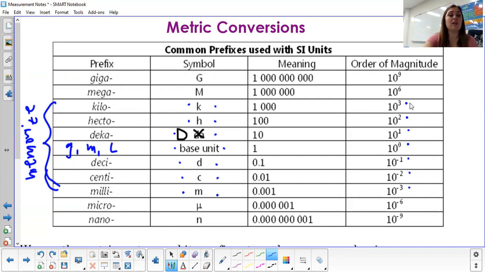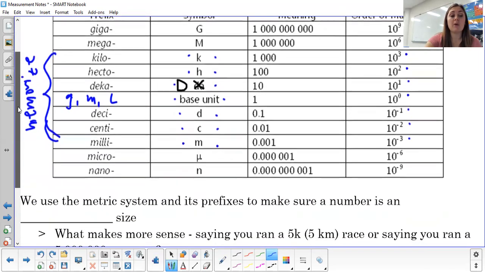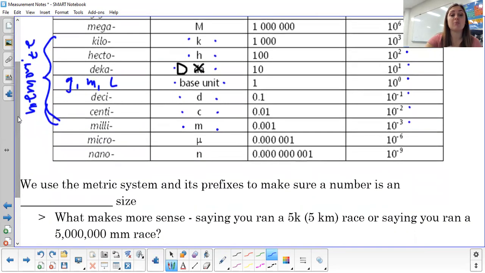So let's look at what the purpose of the metric system is really for. Right? We use the metric system and its prefixes to make sure that a number is more appropriate in size. And I have a little example here. Does it make more sense to say that you ran a 5K race, 5 kilometers?